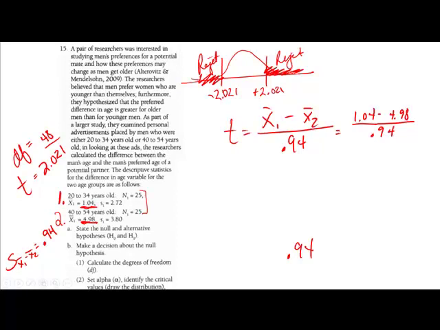Let's go ahead and get the calculator. 1.04 minus 4.98 equals a negative 0.394. Let's divide that by the 0.94 standard error. And our t equals a negative 4.191.